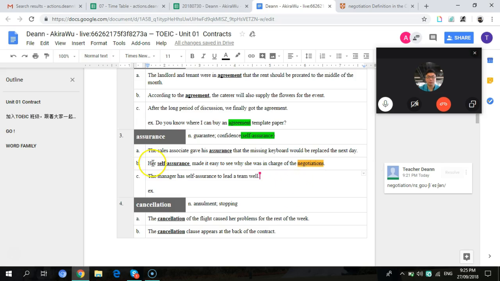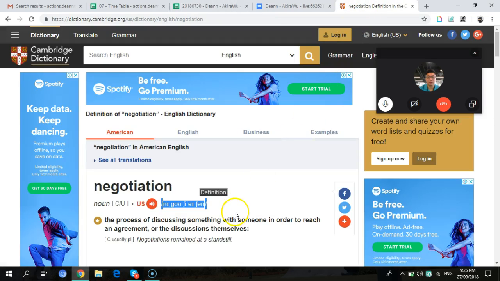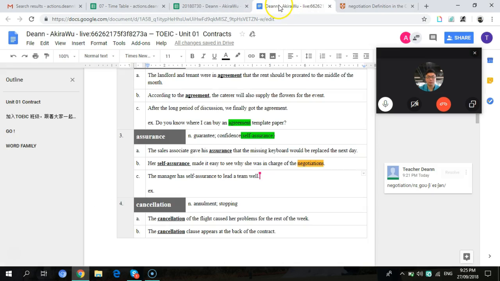Okay. So, in here, her self-assurance made it easy to see why she was in charge of the negotiations. So, when we say negotiations, these are discussions that you do to agree on something.